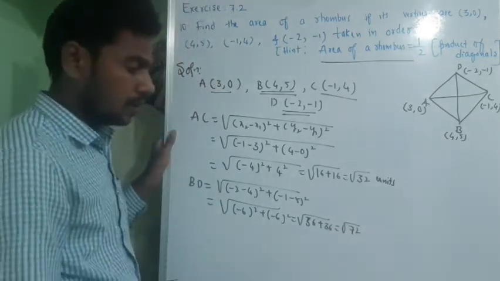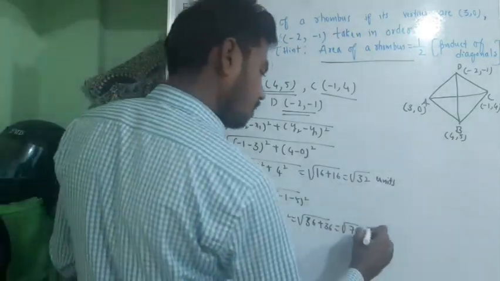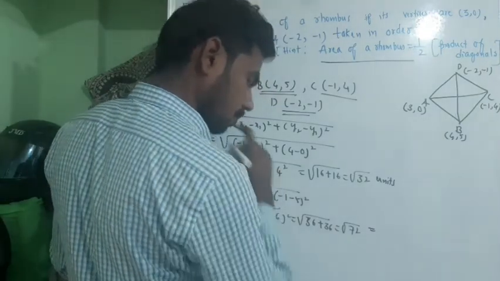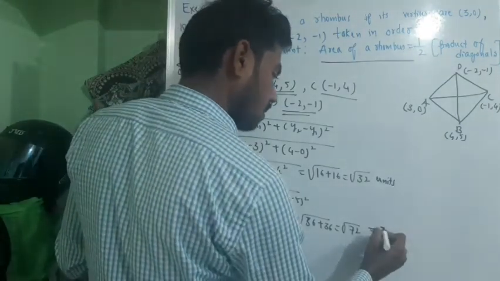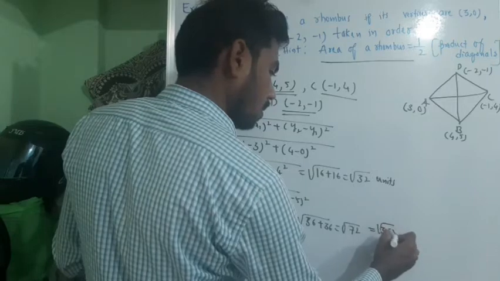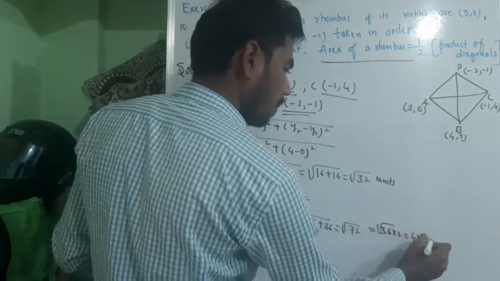Fine. This can be written as 36 into 2, or else 6 root 2.